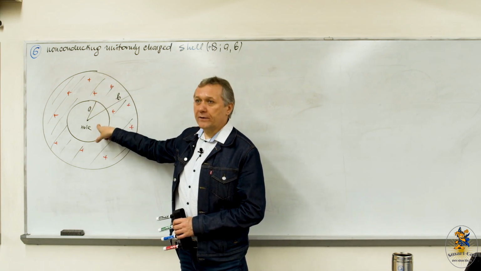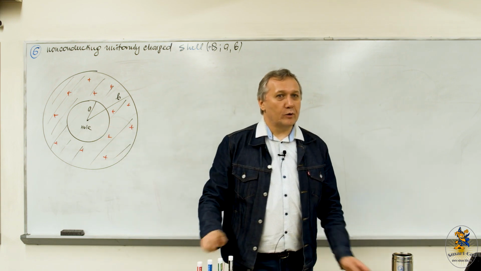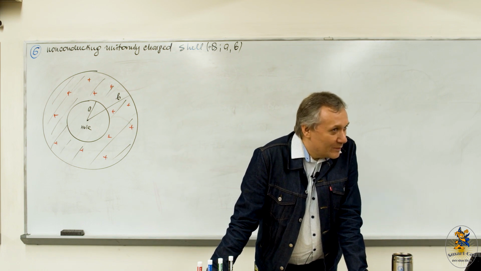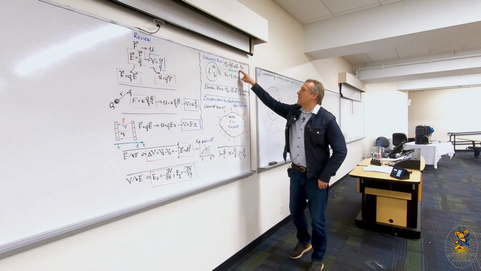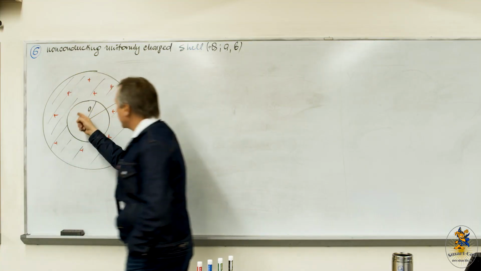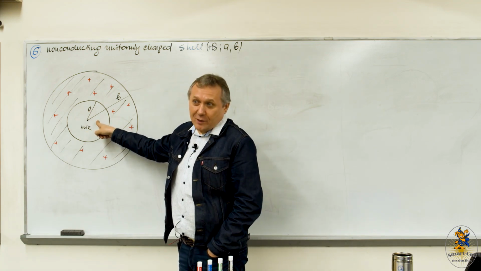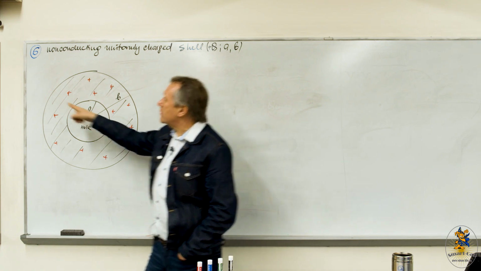Because finding electric field in the hole, actually, what will be the electric field in the hole using Gauss's law? 0? Again, yeah. So imagine applying Gauss's law for the Gaussian surface which is inside. What will be the Q enclosed? 0. There are no charges inside. So Q enclosed is 0.